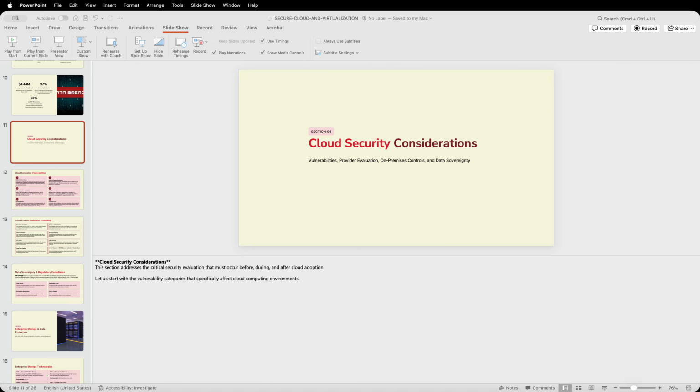Now, securing enterprise storage requires not only proper technology selection, but also robust encryption and key lifecycle management practices here.